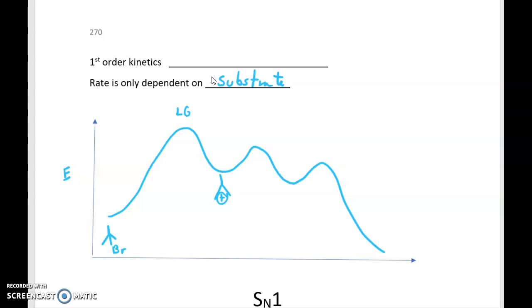Then we have a nucleophilic attack, and we get our second reaction intermediate. And then finally, our proton transfer, and we end up with our final product.